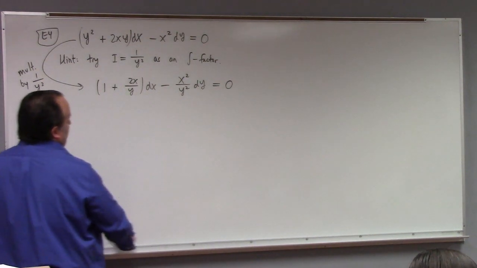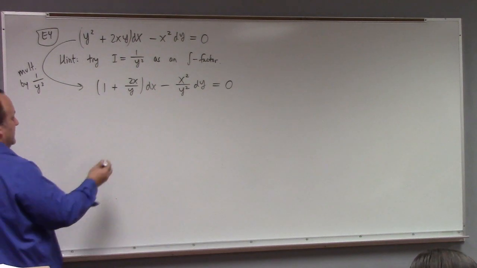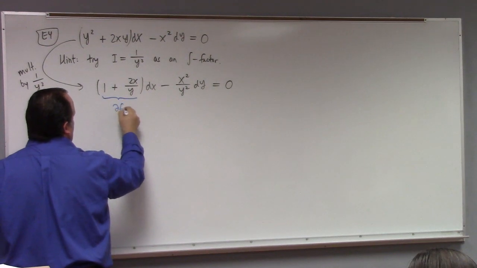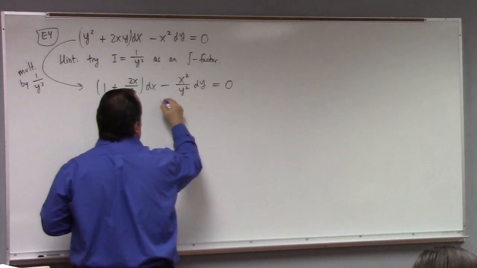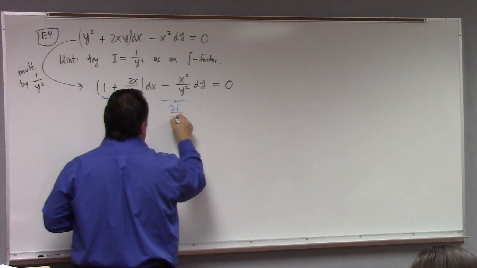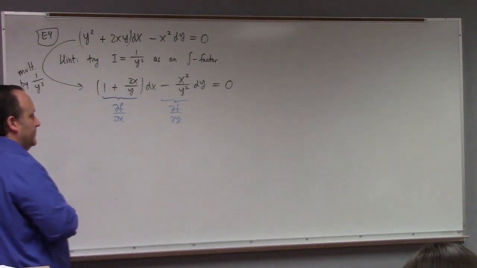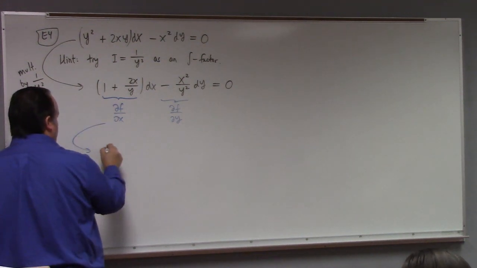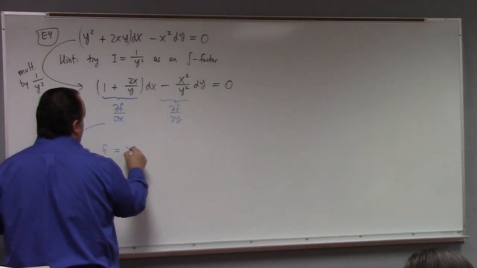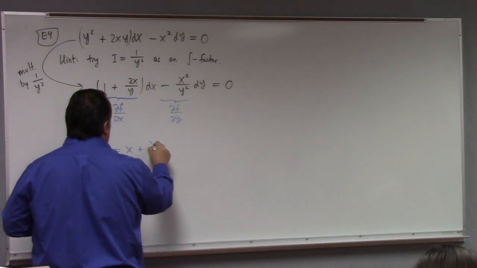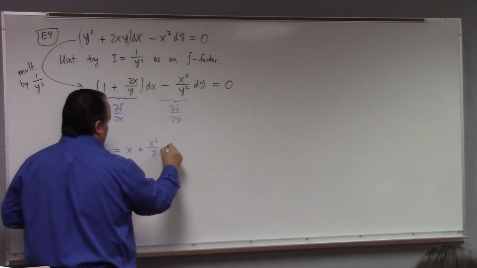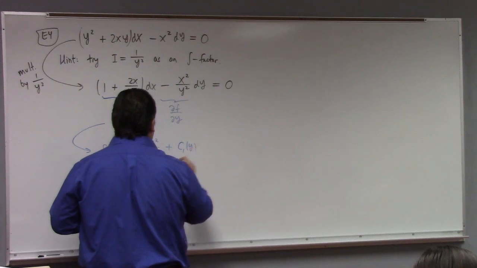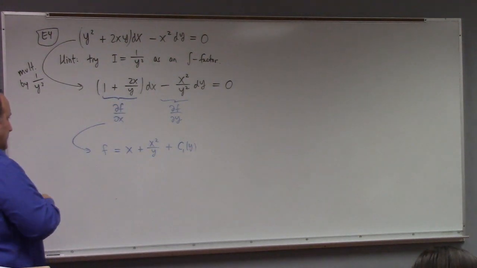Now I need to find the potential function. I'm trying to say this is partial f, partial x, and I'd like this to be partial f, partial y. If I look at this, it tells me that f is equal to x plus x squared over y plus some constant in y if I integrate with respect to x.